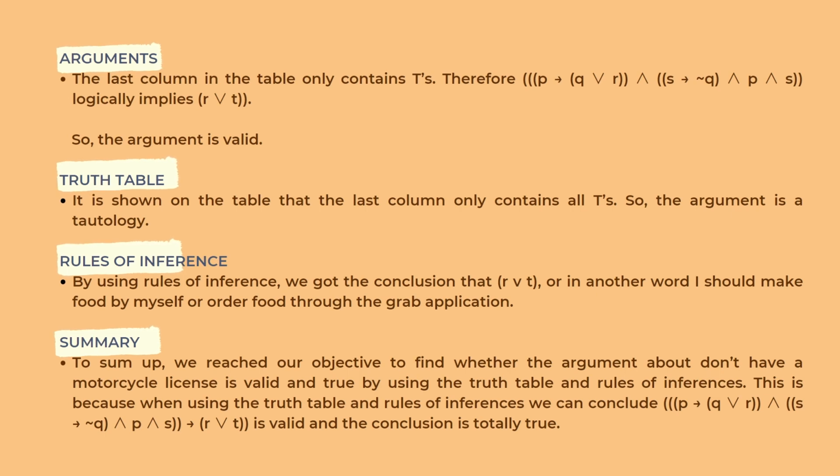This is because when using the truth table and rules of inference, we can conclude P implication Q disjunction R, conjunction S, implication negation Q, conjunction P, conjunction S, implication R disjunction T is valid, and the conclusion is totally true.